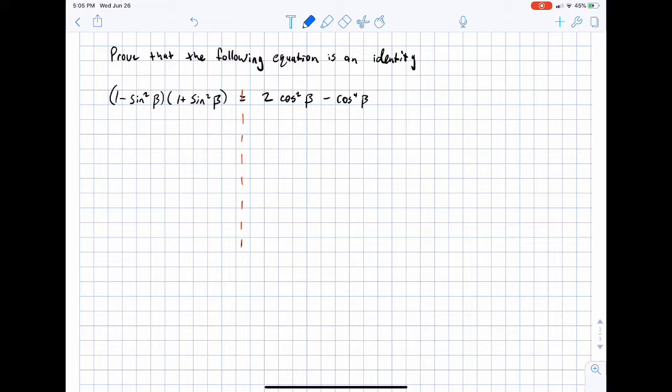I know that 1 minus the sine squared of beta, that's one of my Pythagorean identities. So I know I can change that to the cosine squared of beta.